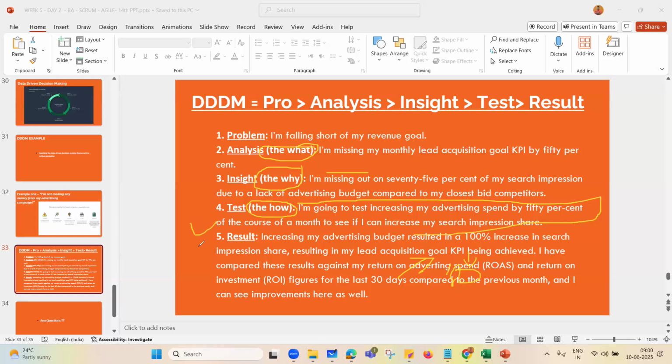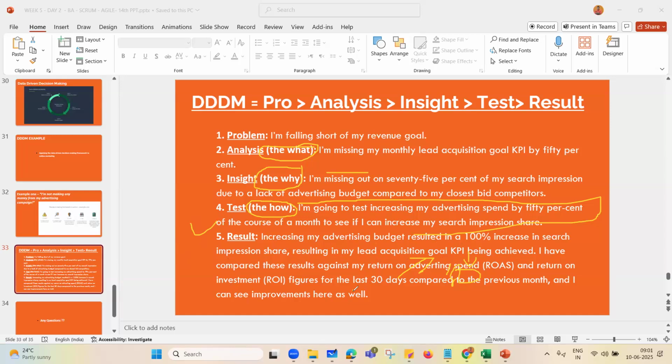Then you see the result. The result says that increasing my advertising budget resulted in a 100% increase in search impression share through Google, resulting in my lead acquisition goal KPI being achieved.